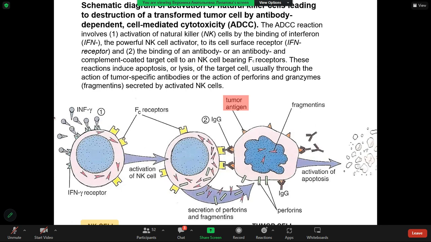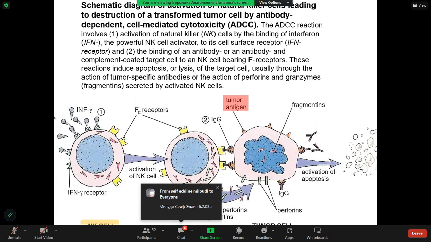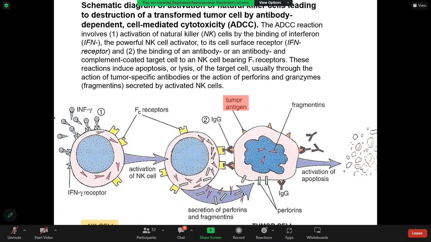Here, this is the natural killer cell. A natural killer cell is neither T nor B, but is also an immunocompetent cell. And you can see the natural killer cell and the interrelations and destruction by this cell of a malignant cell of the body. You see, this is the tumor antigen on its surface, and this cell releases fragmentin and destroys the malignant cell of the body.